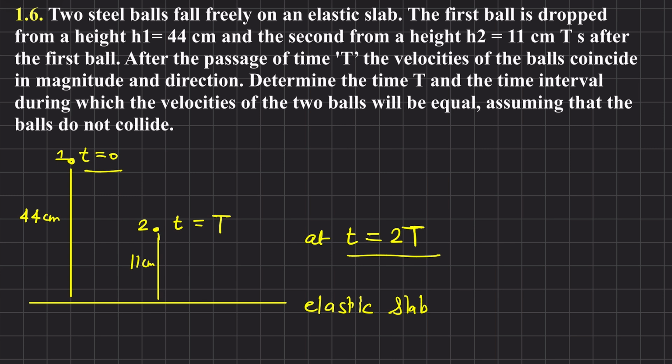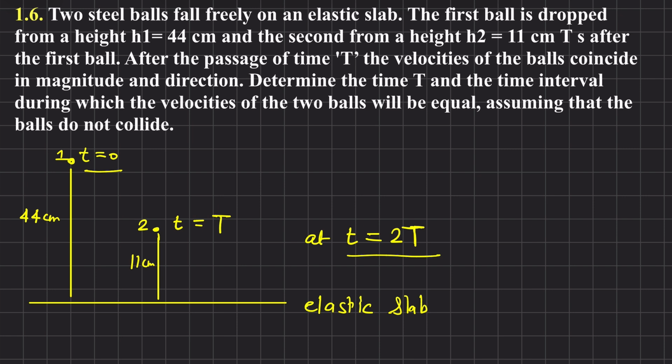Now in the last part it is asking: determine the time t and the time interval during which the velocities of the two balls will be equal, assuming that the balls do not collide. Of course, I have separately drawn the pathways of both bodies, so no collision is going to take place.